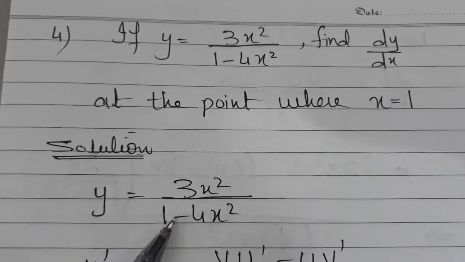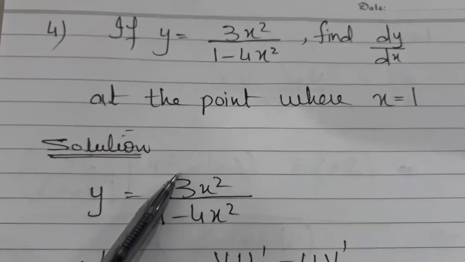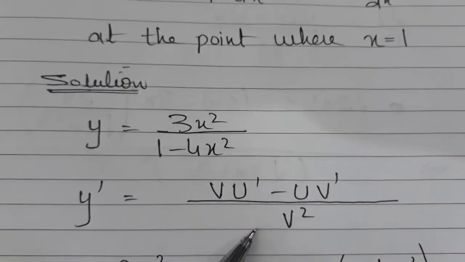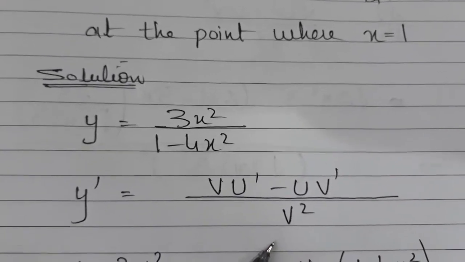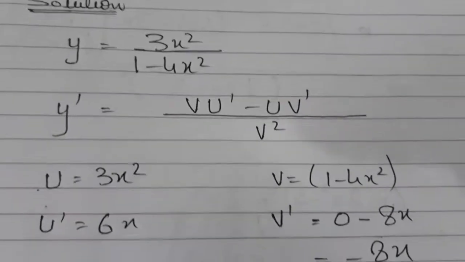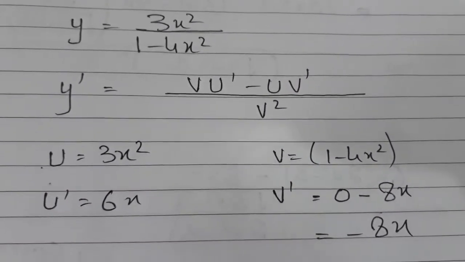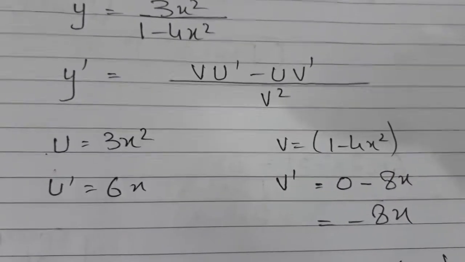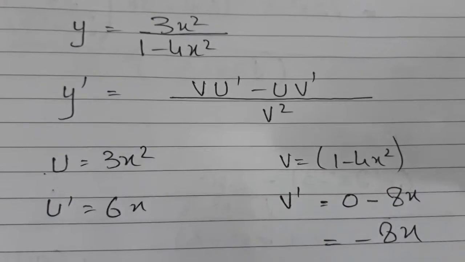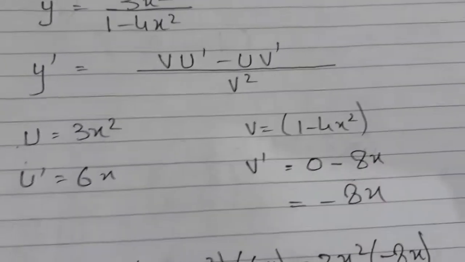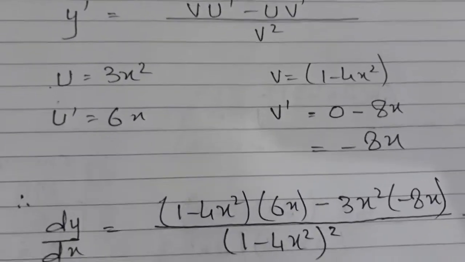Okay, so now look at this function which is here. So this is my u, this is my v, and we know this is the formula for the quotient rule. So now my u is 3x square, the differentiation will be 6x, and my v is 1 minus 4x square, so the derivative will be 0 minus 8x. So I have all the derivatives here, and now I will plug into the quotient rule.